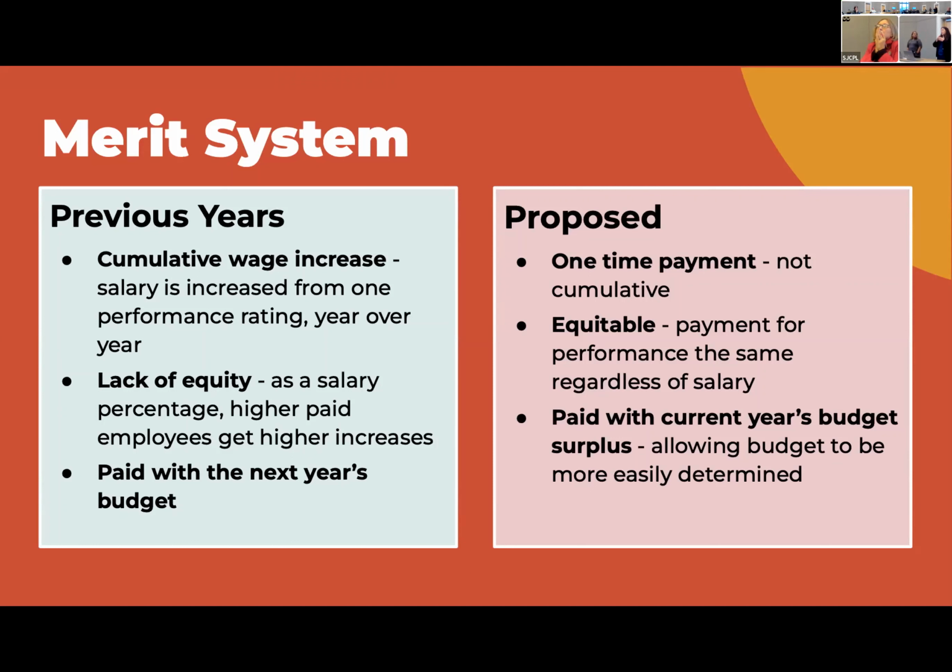And creating amounts that are the same for everyone. If you get a 5 and you're full-time, you get this amount. If it's a 4, you get this amount, and so on and so forth. It's also prorated based on hours. We're proposing that we use this year's money because we've had vacancies throughout the year.